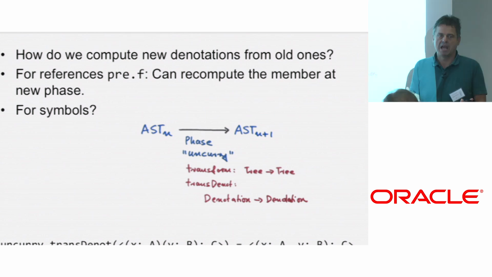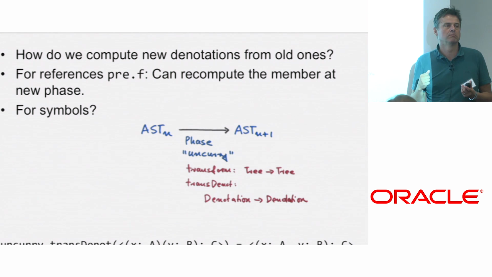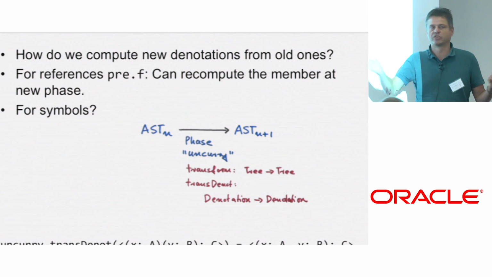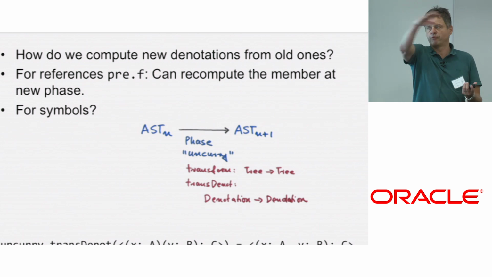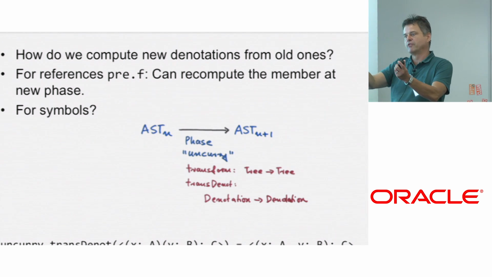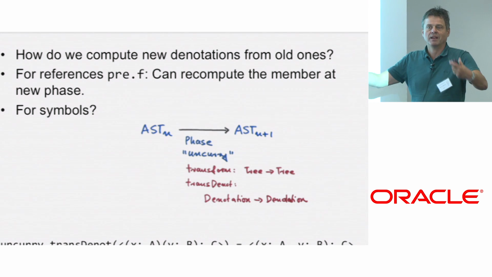A symbol has a meaning, and then we transform it, and then it will have a different meaning. If all my symbols were parts of trees, it would be simple. I would just transform the tree, and I would get essentially the new tree, and that would give me the new information. But that's not the case. The symbol can come from any jar, and these jars have high-level information, and then that information gets changed. So again, I don't want to essentially do that for the whole world.